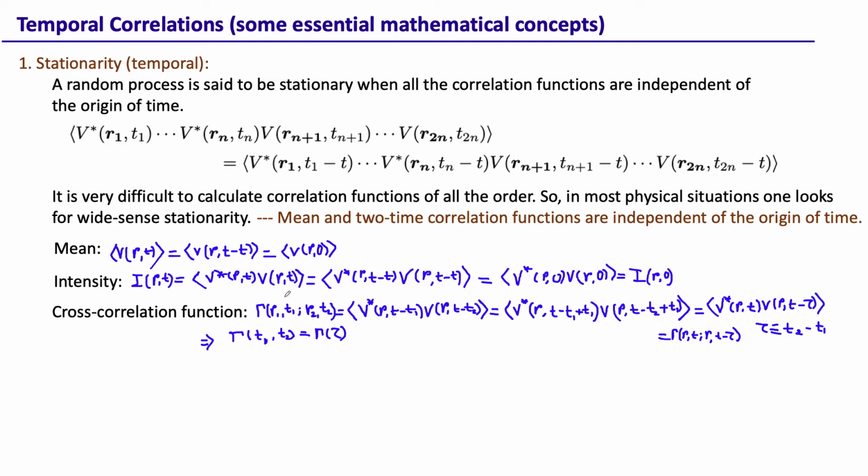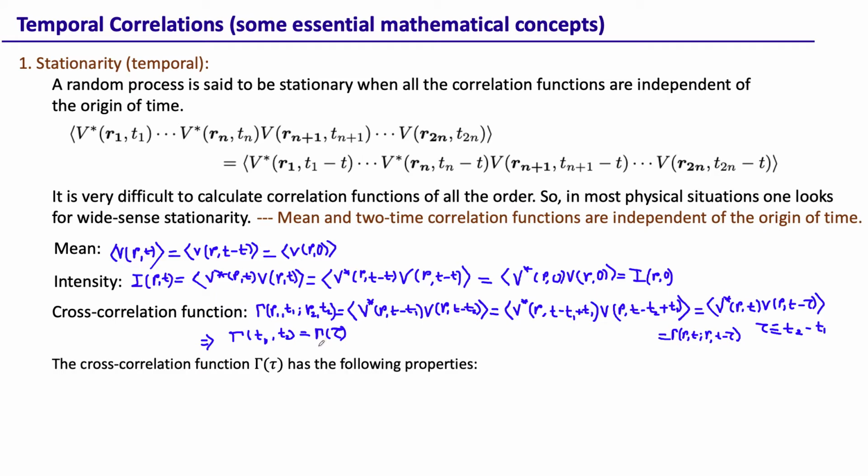That means if it is a stationary process, that is, independent of the origin of time, then the cross correlation function depends on time arguments only through their difference and not in absolute terms. That is the meaning of stationarity or wide sense stationarity in terms of mean intensity and cross correlation function. If we only look at the temporal effects, the cross correlation function, a function of two variables T1 T2, has to depend only on their time difference, and that is when we call it stationary.